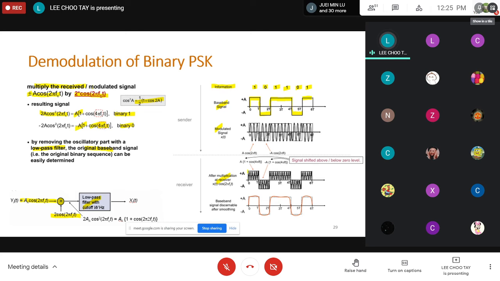The envelope will be your DC value, plus A or minus A. After passing this signal through a low pass filter, that removes this high frequency component, and we recover our baseband signal. So if you understand AM, FM, then ASK, PSK, FSK is actually very, very simple already.